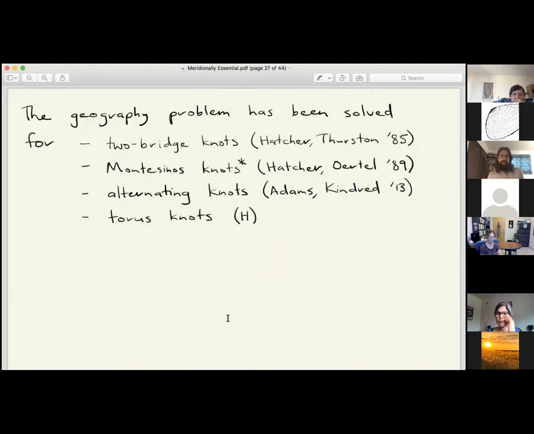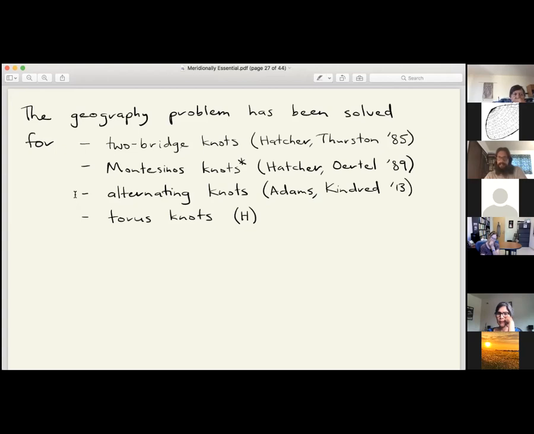Okay, I feel like maybe I haven't seen this geography problem written down in such words before. Maybe that's new to what I'm doing, but there has been related work that does answer this for particular classes of knots. And in particular for alternating knots, this is probably the paper that has inspired me a lot.